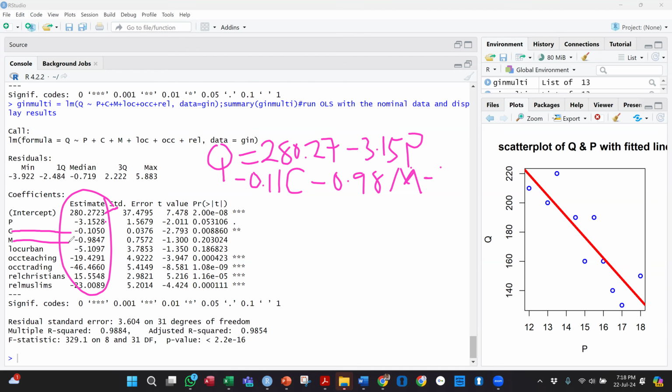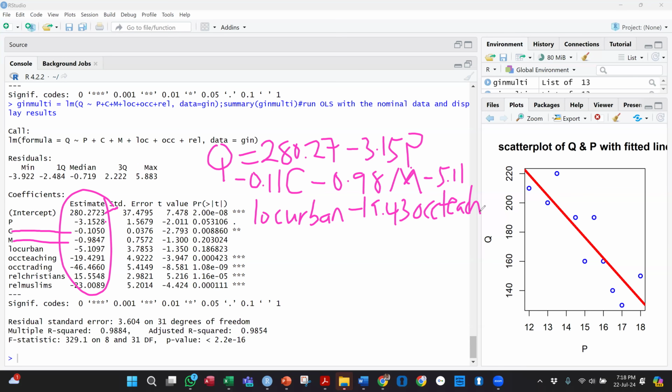So you write minus 5.11, then lock urban, just as it is there. The next one is minus 19.43. So you write minus 19.43. And what is the variable there? OC teaching.